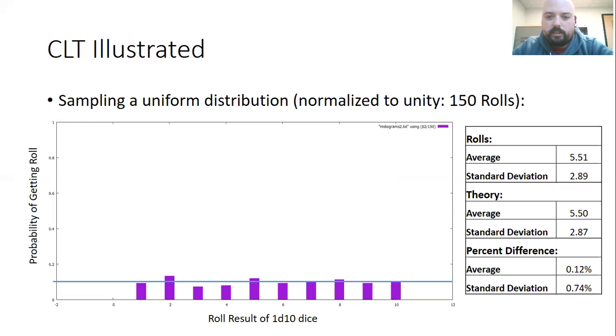I've made it such that this distribution is normalized to unity, so the area under the curve is equal to 1. What we would hopefully see is that for a fair 10-sided die, we should get a 10% chance of getting any number.